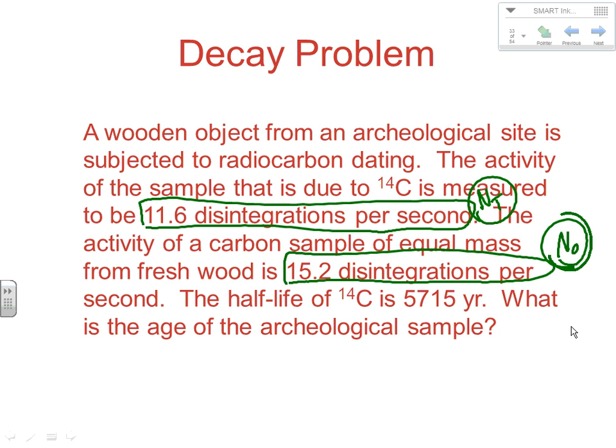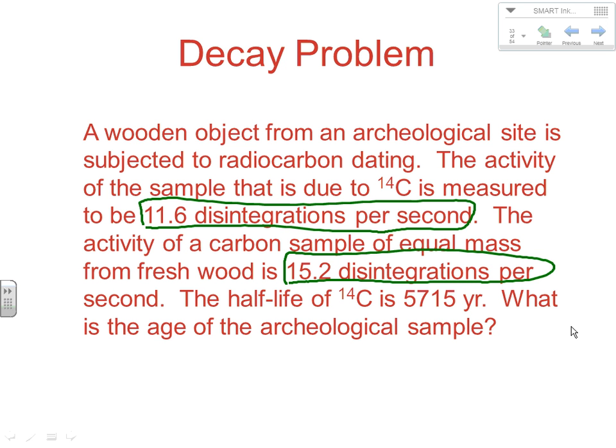This used to be its mass, its number of particles. This is the mass or number of particles I have now. So what they're really telling us is information that we can plug into that initial at zero time and at time t type numbers. Now, notice the next thing they tell us is the half-life of carbon-14 is 5,715 years. And I just mentioned this a second ago.